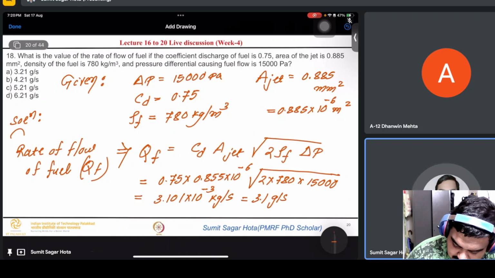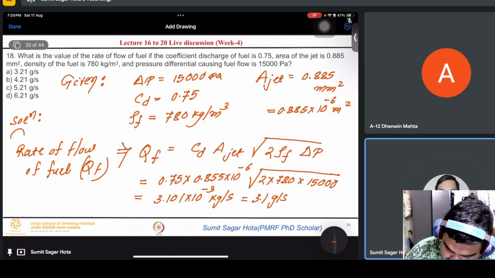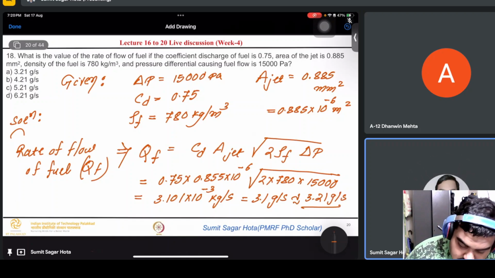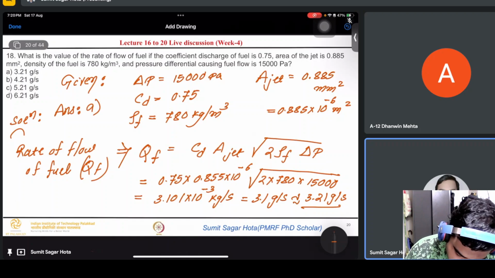The nearby option will be somewhat 3.21. This may be because they didn't consider some of the decimal places, and that's maybe the reason why we are not getting the options exactly. The options are basically a little bit wrong. The answer will be 3.1, but whatever the nearby option is, always choose that.